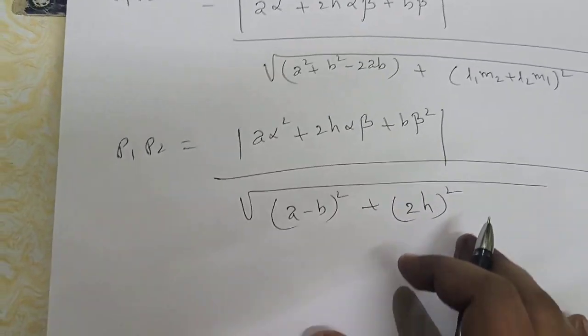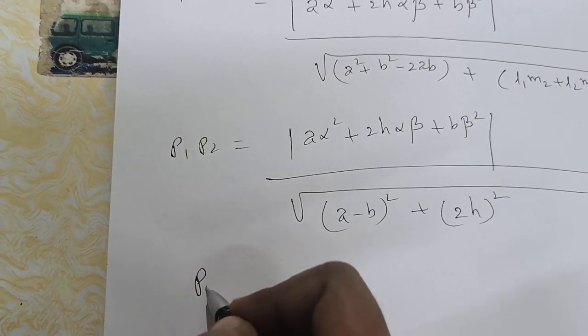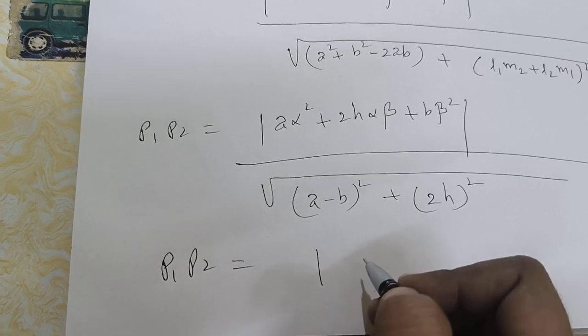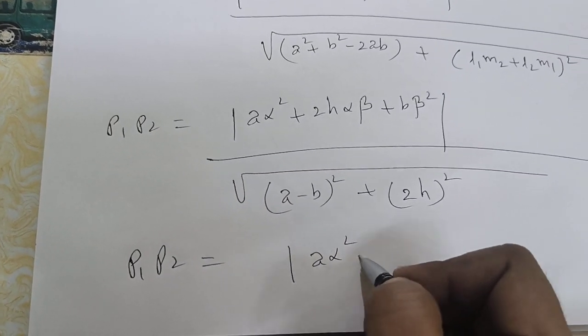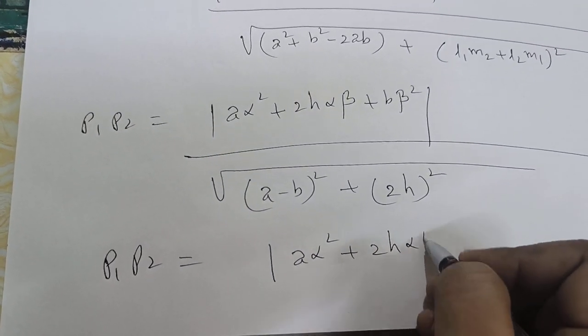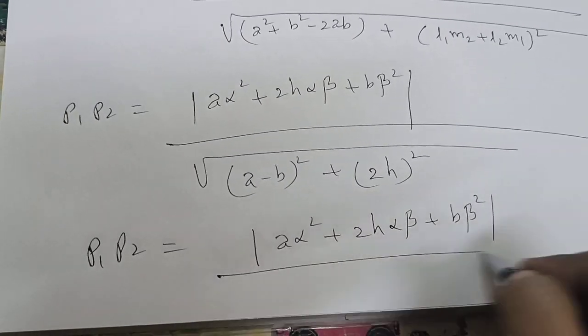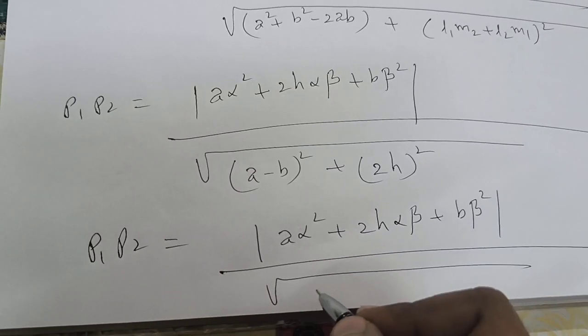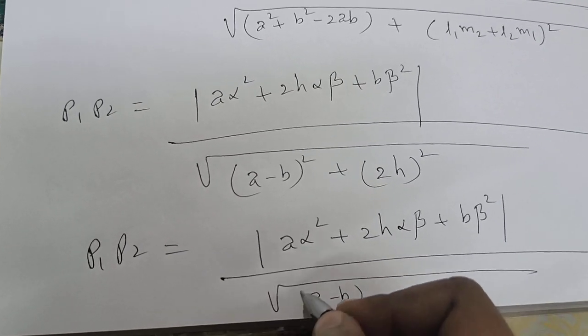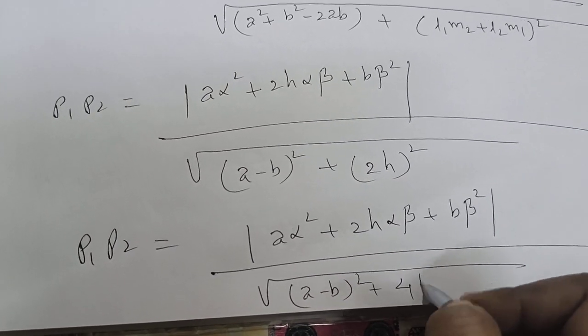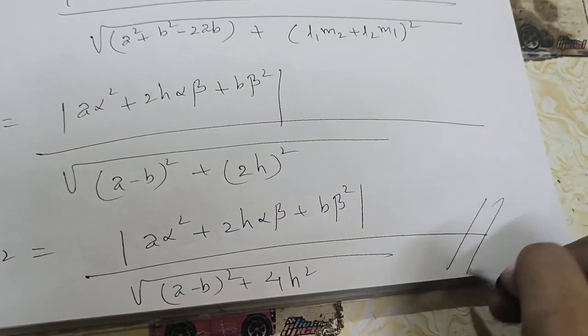So 2 twos are 4, h into h is h square. So P1 P2 is A alpha square plus 2H alpha beta plus B beta square divided by square root of (A minus B) whole square plus 4H square, which is the required answer.